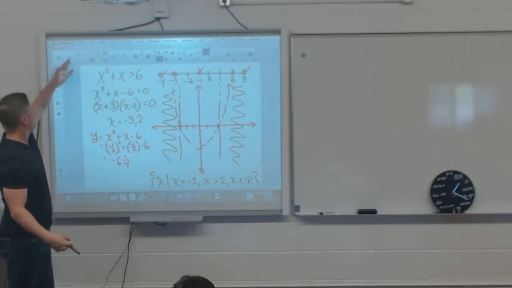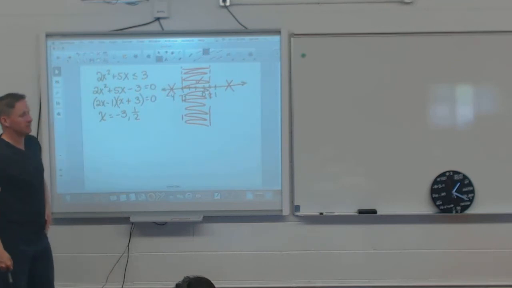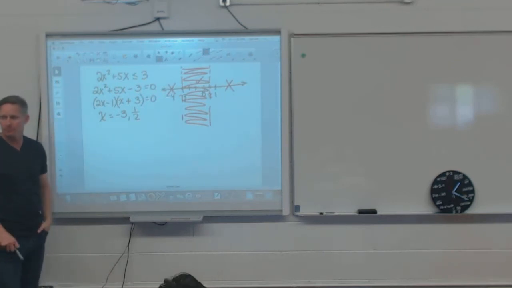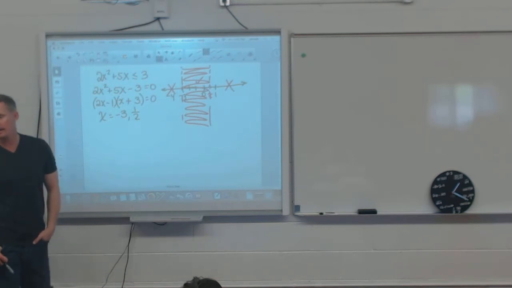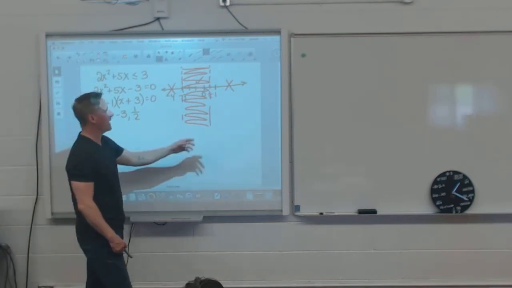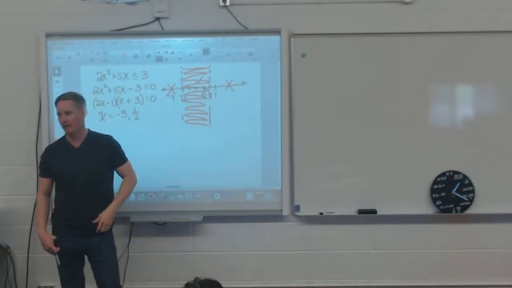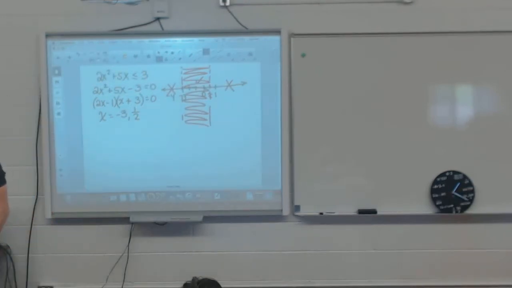Okay? Yes, Brennan? Like for that, wouldn't you really have to only check one then? Well, if you try -4, if it's not, then it's shading inside the parabola, and well, no, not necessarily. An equation can only work with one area. There is a possibility that that can happen. So you do have to check all three areas. In theory, you're right.